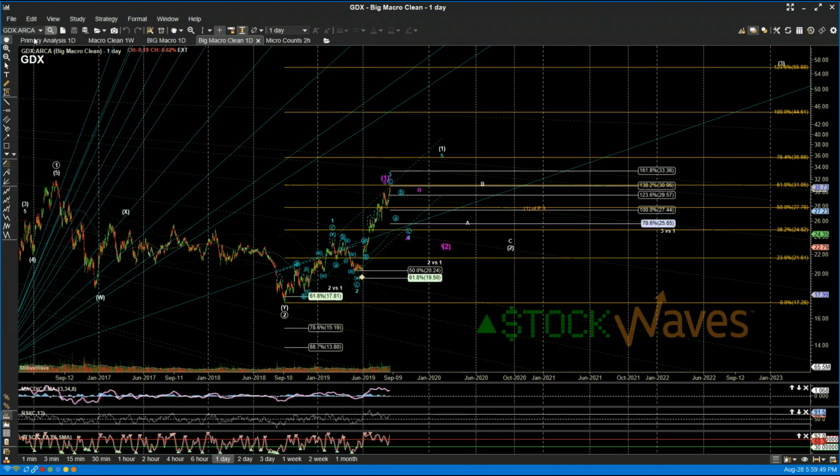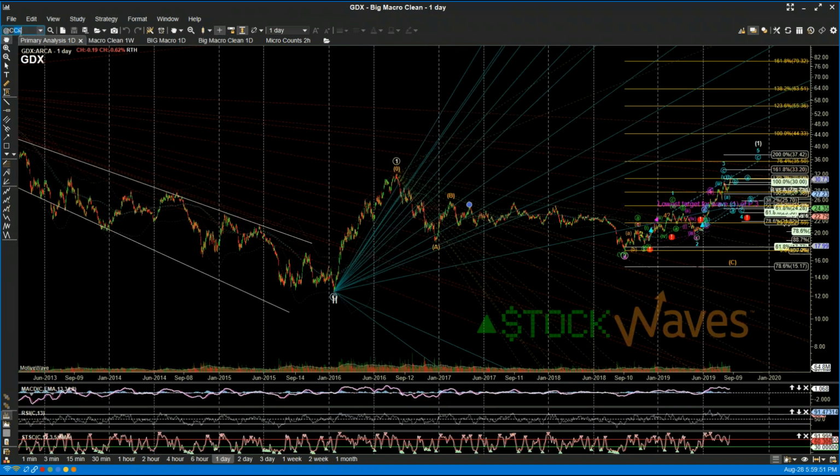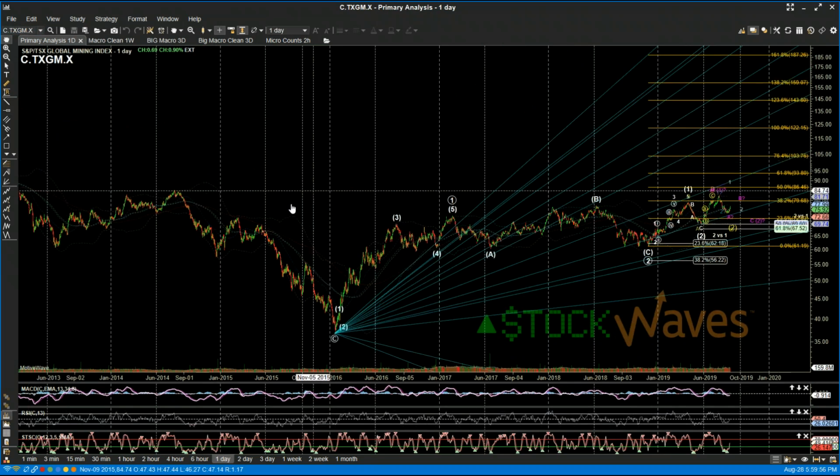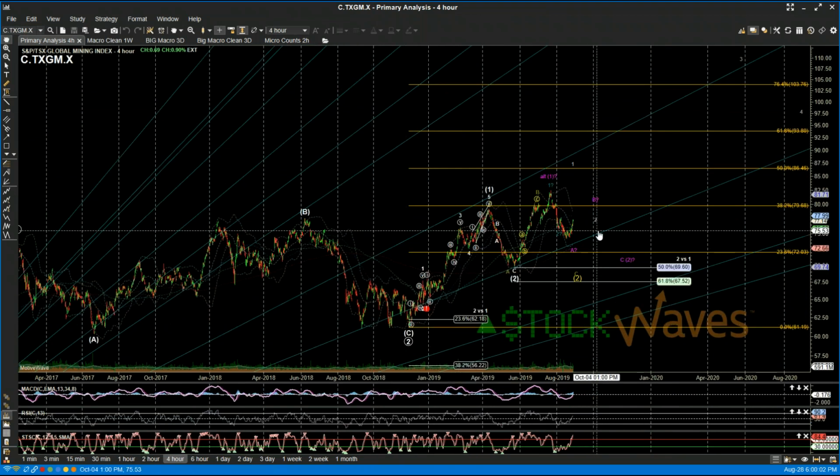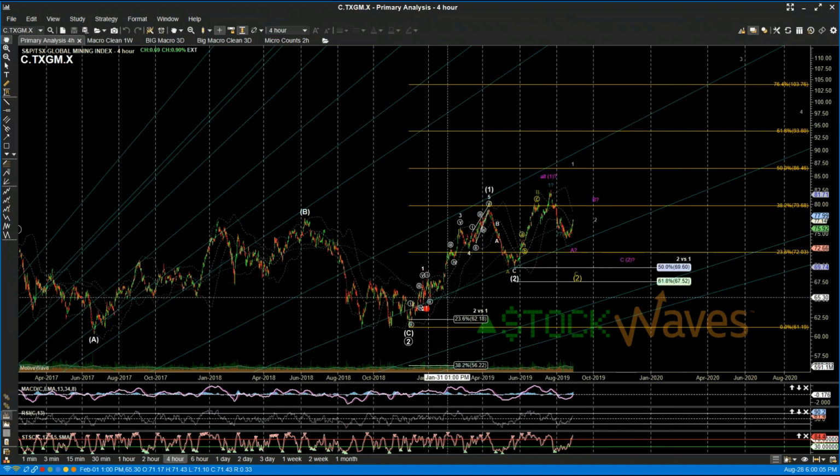And so we have at times looked at something like TXGM, which is a Canadian index of miners that has more components and a much different weighting than what GDX looks like.